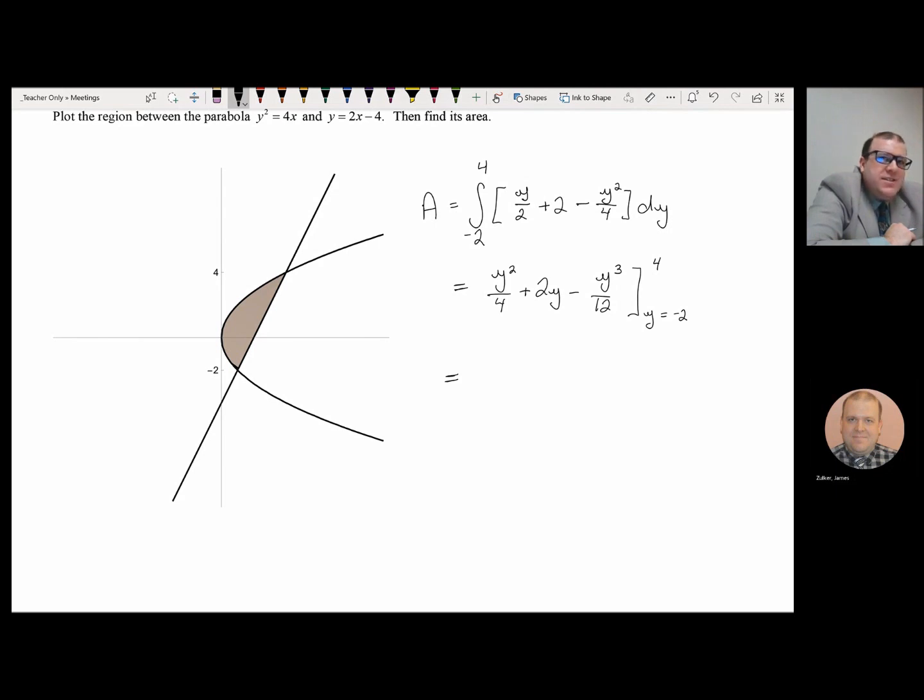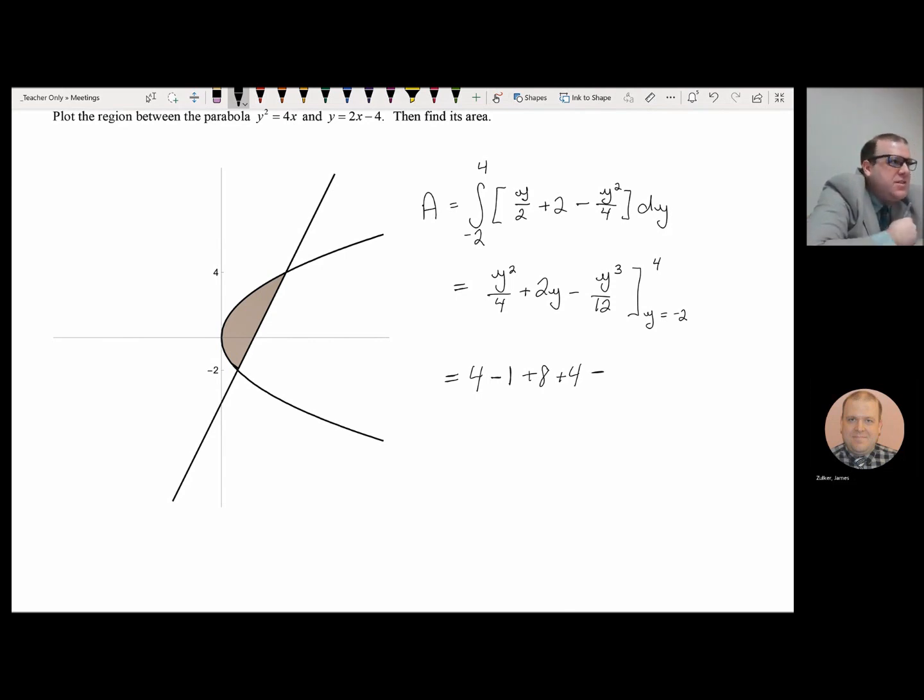Four squared is 16 divided by 4 is 4. Minus negative 2 squared is 4, over 4 is 1, right? Then we're going to get plus 2 times 4 is 8. Minus 2 times negative 2 is negative 4.